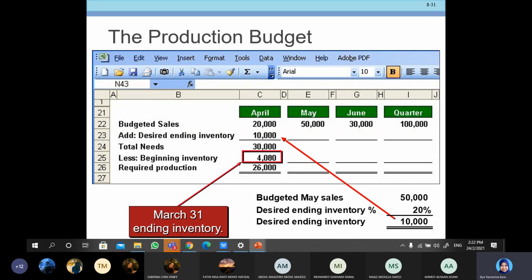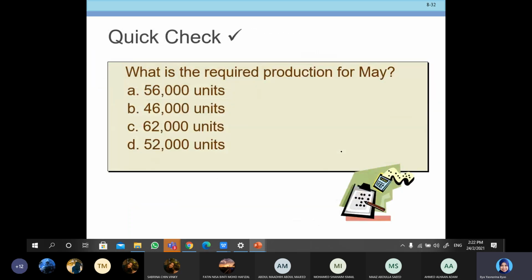Ending inventory will be your beginning inventory in the next month. So ending inventory in April will be your beginning inventory in May, and ending inventory in May will be your beginning inventory in June. That is how it works. What is the required production for May?